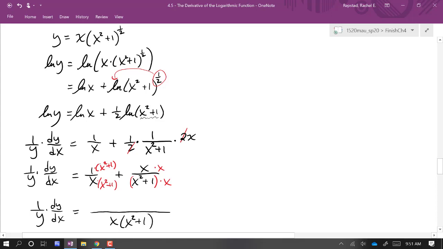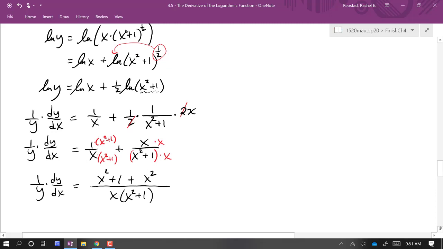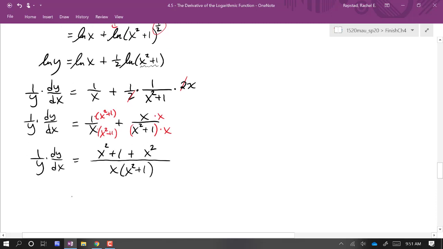Up top, we have x squared plus 1 plus x squared. So that is 2x squared plus 1 on top over x times x squared plus 1. So we've simplified the expression for 1 over y dy dx.